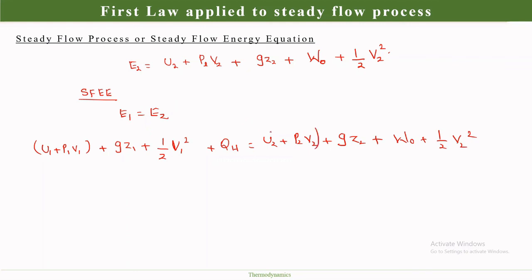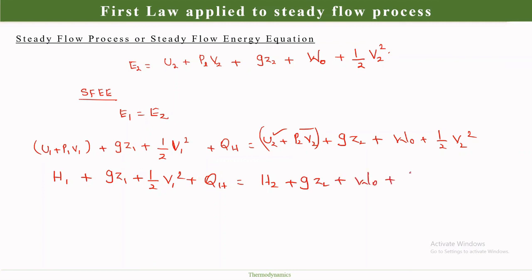As we discussed in the previous lecture, U plus PV is nothing but enthalpy H. So H1 plus gZ1, everything as it is, is equal to H2 plus gZ2 plus W0 plus half V2 square. That's it, this is my steady flow energy equation.